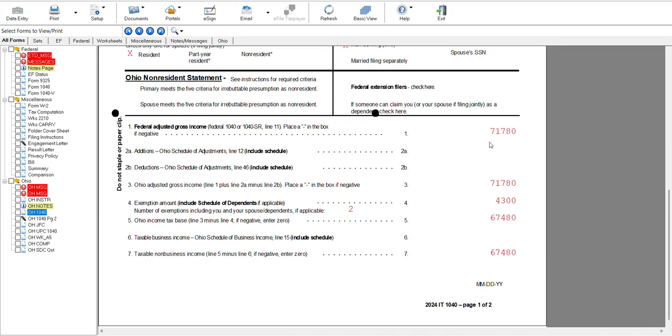As you see here, you made an average gross income of $71,780. When you file married filing jointly, you get exempted for the husband, the wife, and all the kids. To see the calculation, I'll show you how they calculate it.